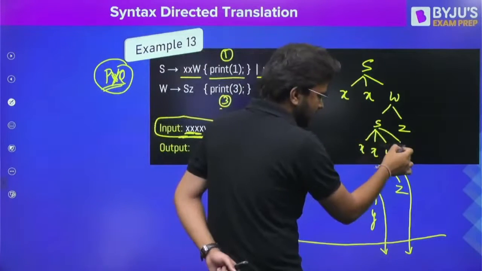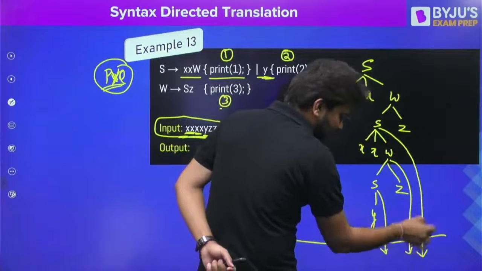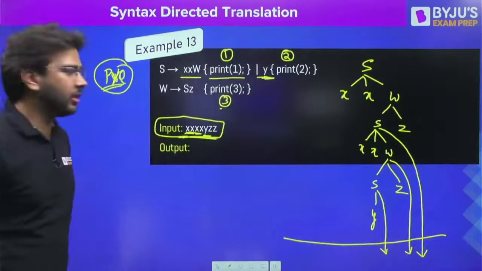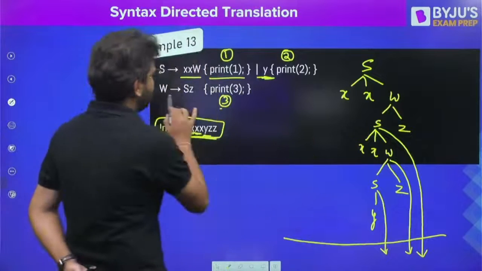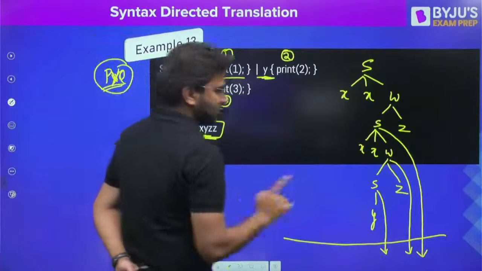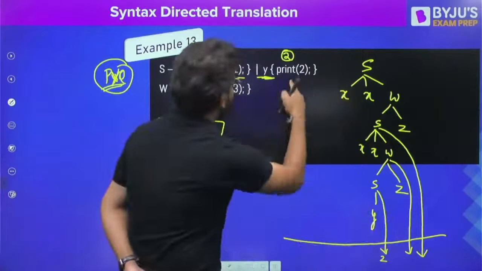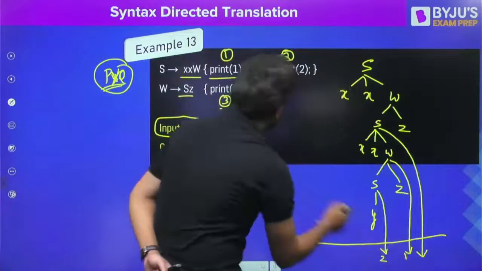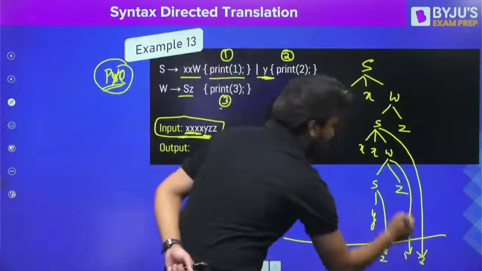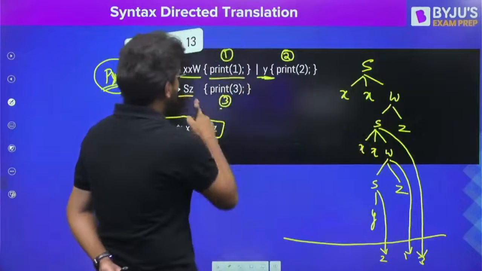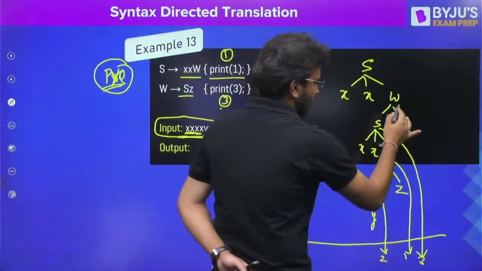Fine. That means from S we are going to have this translation here. Then we have SZ, this one. Then we have this third translation. You can number this also. Fine. Let's number this. This is 2, the second translation, and this is your first translation. This is your third translation. Now after that you have SZ, third translation. So you are going to have this one.